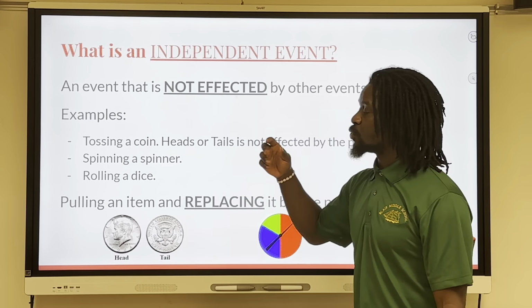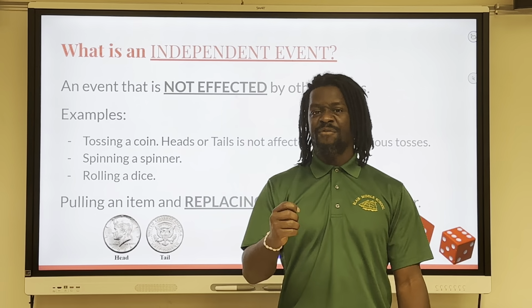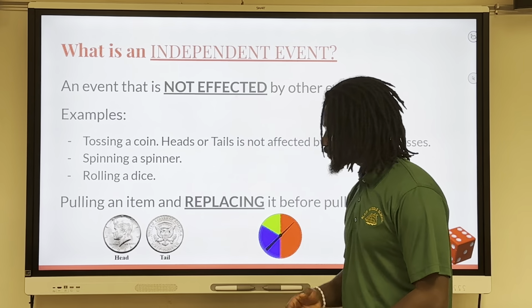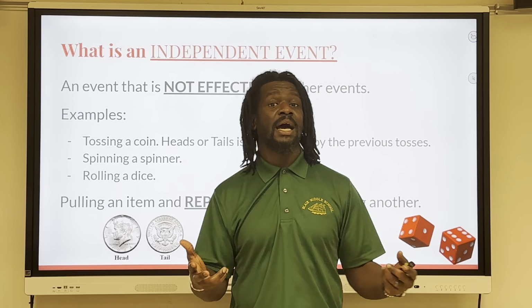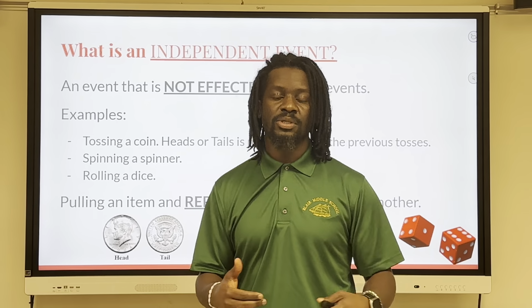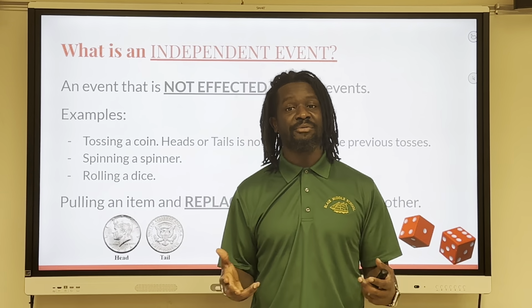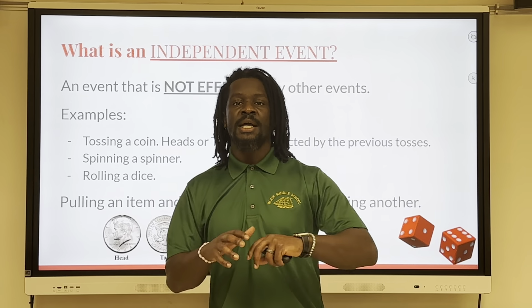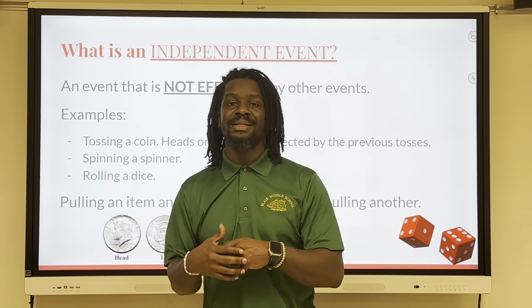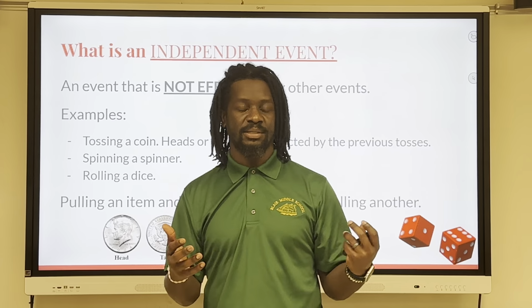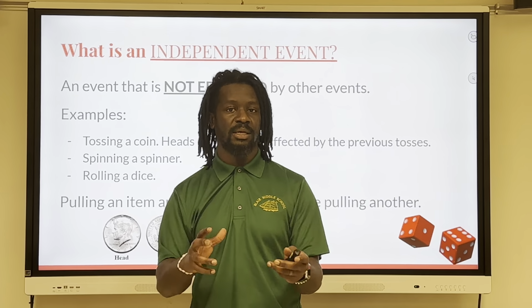So for instance, when you toss a coin, say I toss it 2 times. The first time I have the option of getting a heads or a tails. The second time I also have an option of getting a heads or tails. What I get the first time doesn't affect the outcome the second time, right? They are independent of each other.